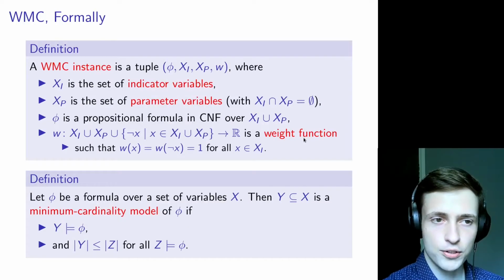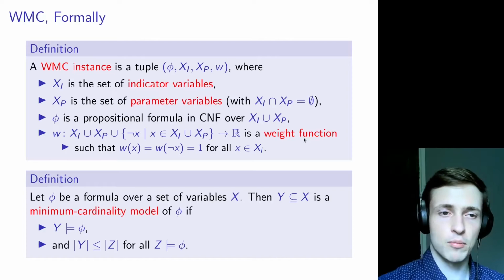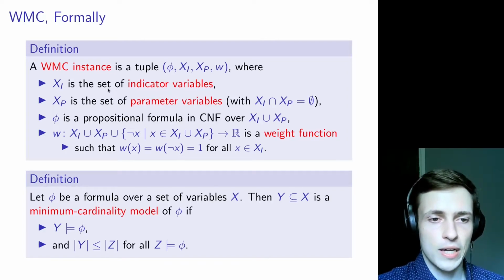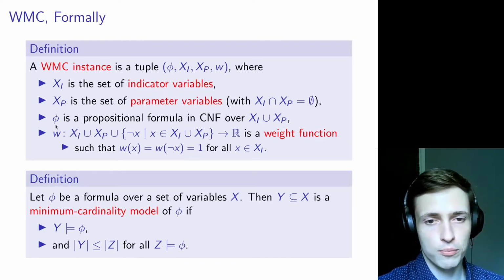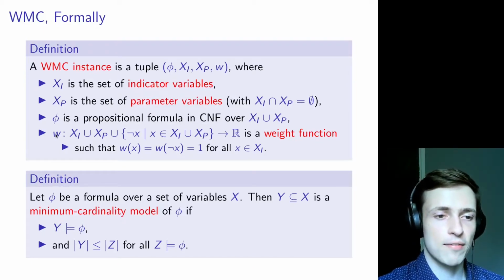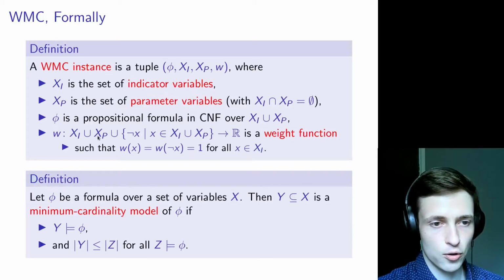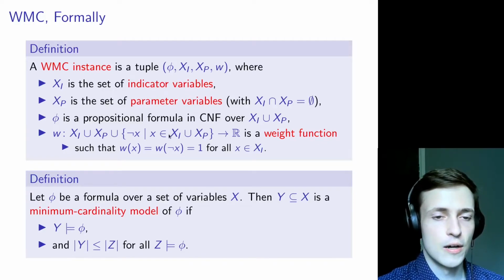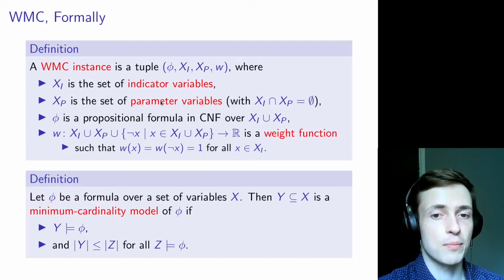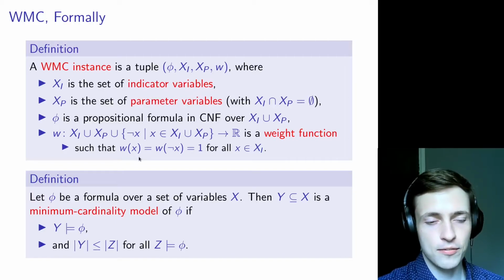So first, let's define WMC a bit more formally. We have a propositional formula in CNF over some set of variables, and we have a weight function defined for all possible literals. And we split the variables into indicator and parameter variables, where indicator variables have both weights equal to 1.